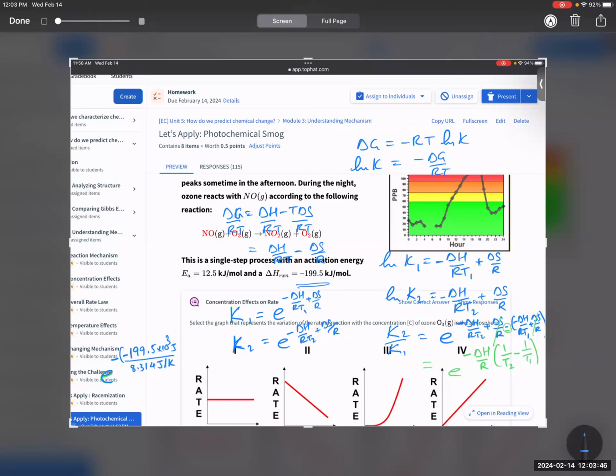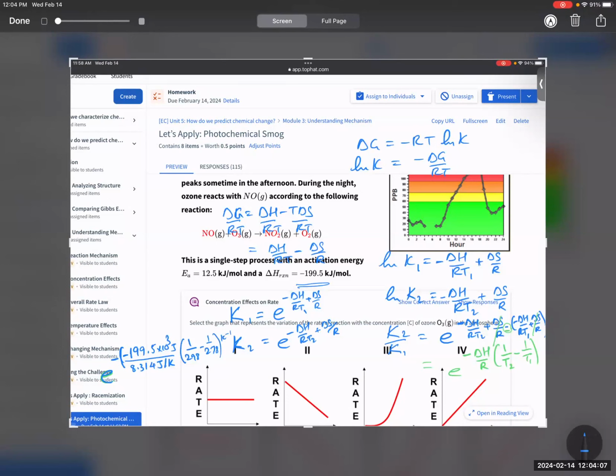And then we have the temperatures: 1 over T2, I think it's 25 degrees, which should be 298, minus 1 over 5 degrees, 278.